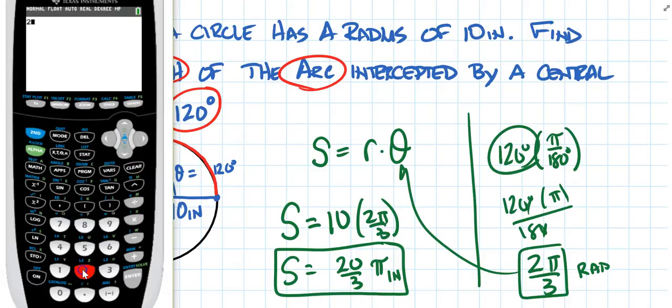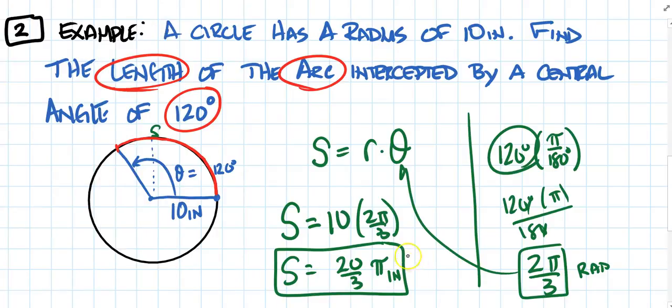Just take 20 and multiply it by pi, push enter, and then divide by 3 and push enter. So this thing has traveled approximately 20.94 inches all the way around. Depending on what the book wants, I'm fine with either answer. So this distance here is 20.94 inches. A very cool formula, but again, it only works when theta is in radians.